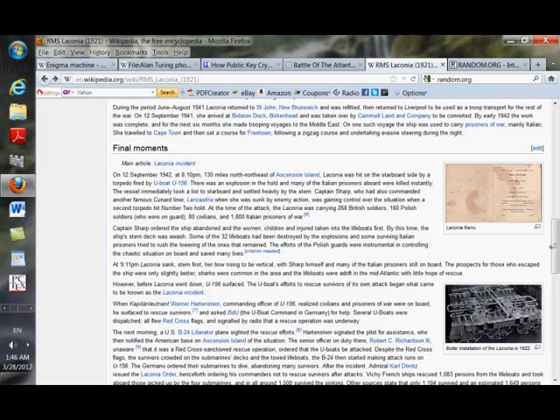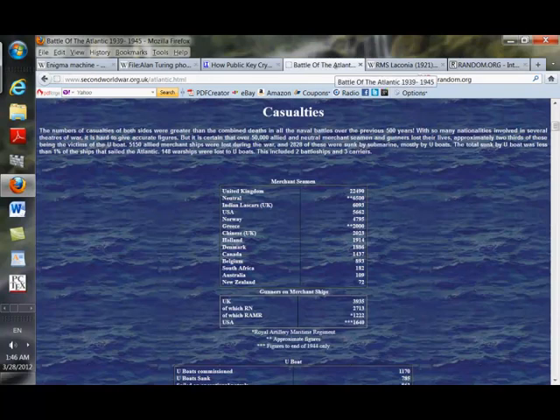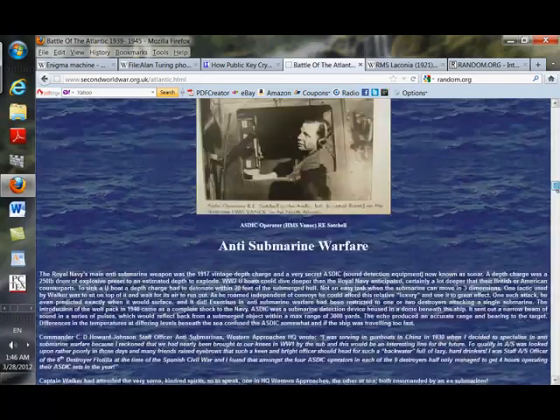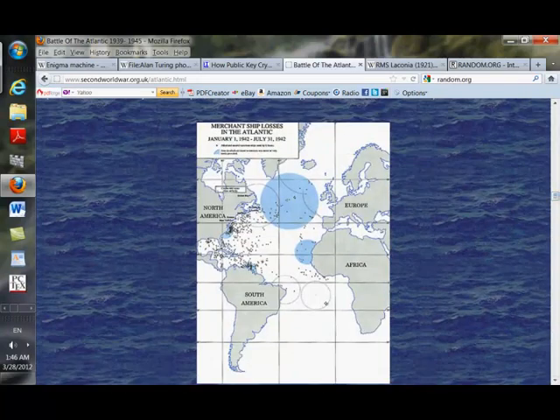The Laconia was close to Ascension Island, and if you see my map here, my map puts Ascension Island somewhere here. The ship was sailing from the Suez Canal, south of Africa, and all the way to England.